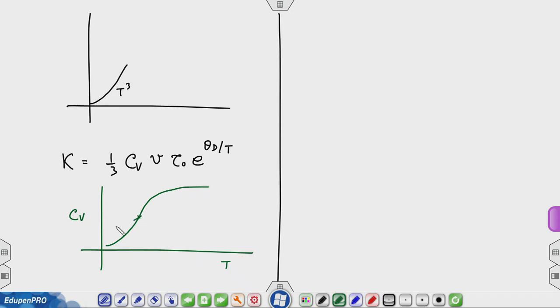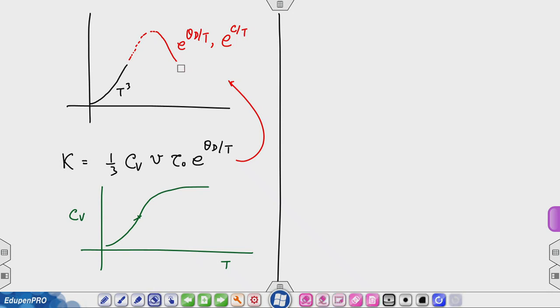So, we are somewhere here, and therefore, this curve, I am going to go back here, is going to go up, and when you go to a little higher temperature where C V kind of becomes larger and has weak temperature dependence, the only behavior you are going to see is this e raised to theta d by t, maybe e raised to some constant by t, constant could be theta d divided by something, but that is the kind of scale you are going to see. So, this is the behavior one is seeing, and the Umklapp process explains this behavior.